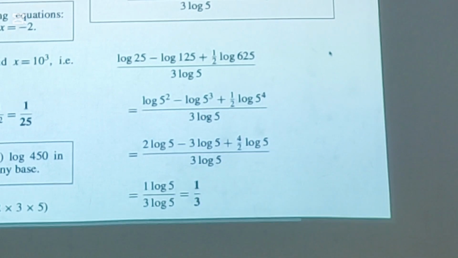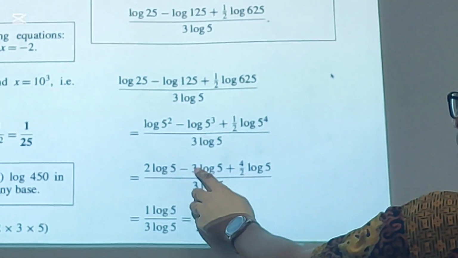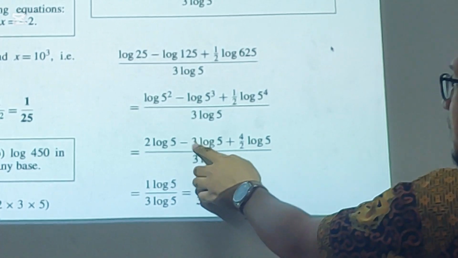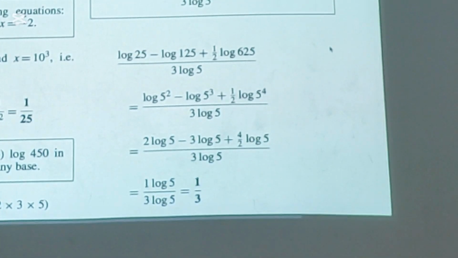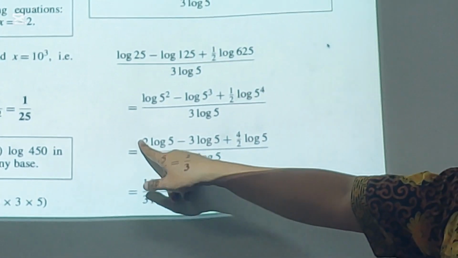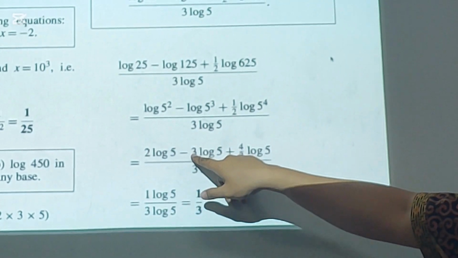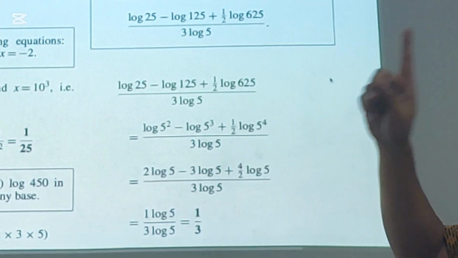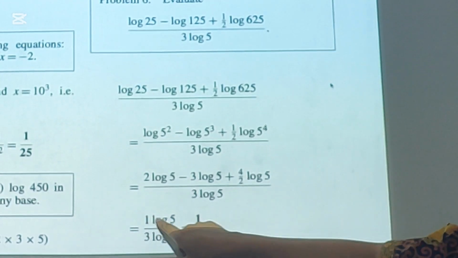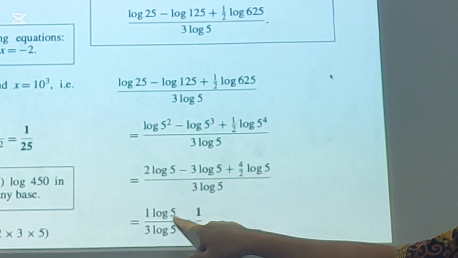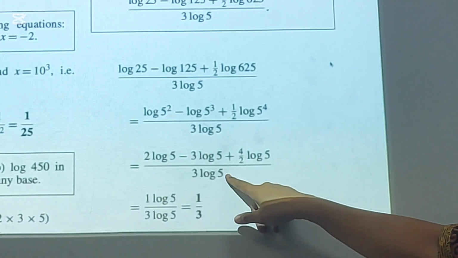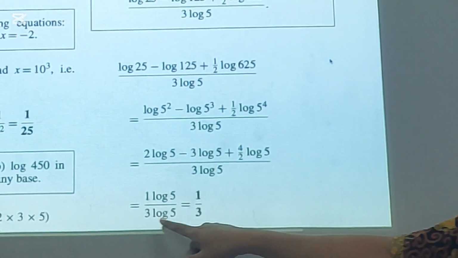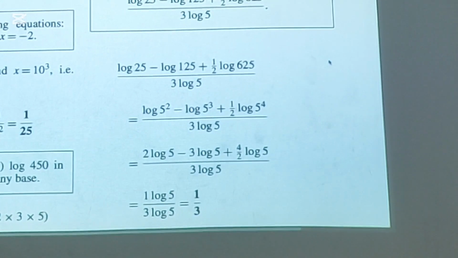So you can simply do 2 minus 3 plus 2. 2 minus 3 will be minus 1, plus 2 will be 1. So it will be 1 log 5. Then this is kept the same, 1 log 5 divided by 3 log 5.